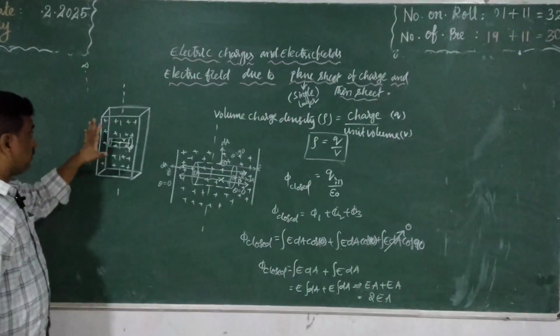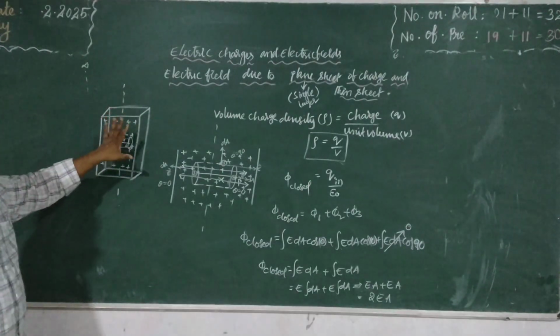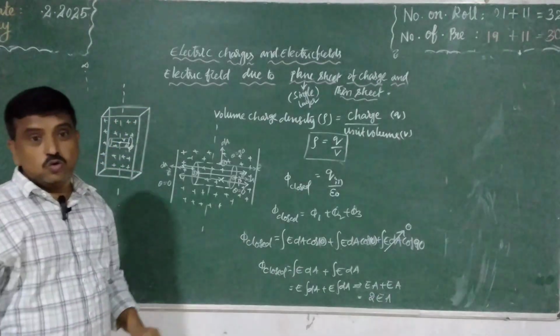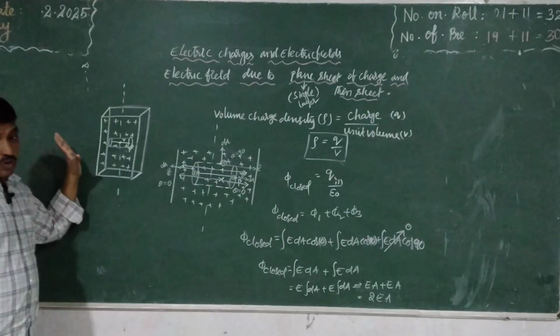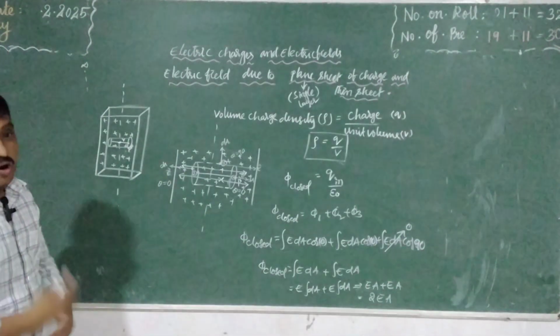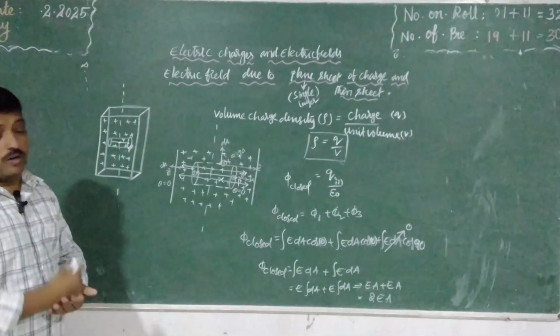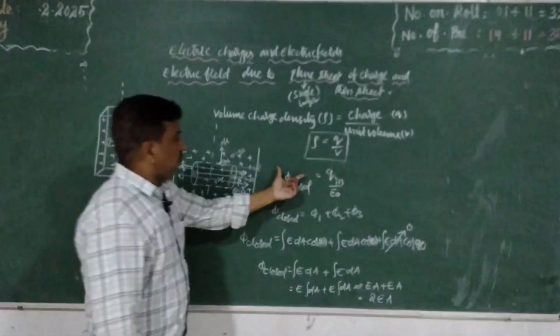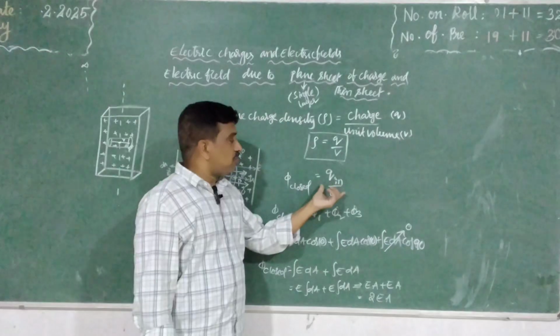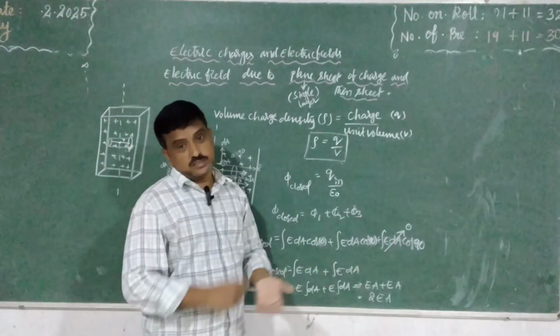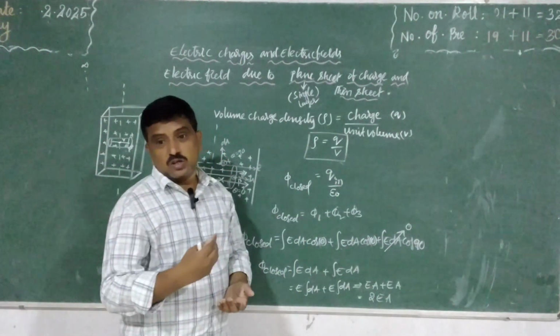So what is the electric field due to this thin sheet? For that, we use Gauss law. Gauss law says the net electric flux through a closed surface is equal to 1 by epsilon naught times the charge inside the closed surface.